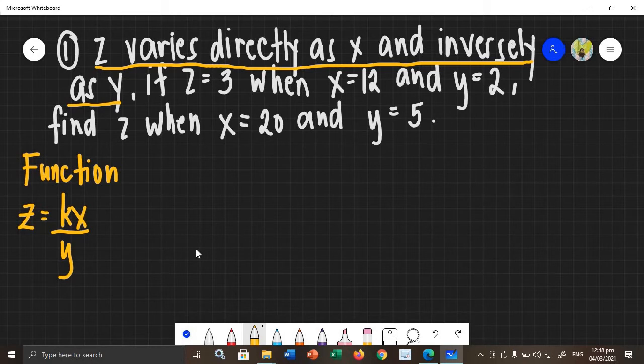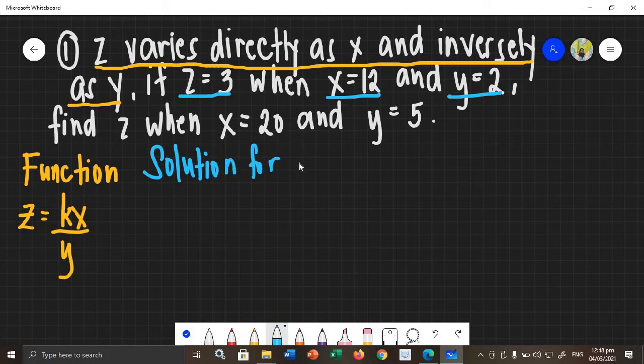As you can see in the problem, we have no value of the constant k. Therefore, we need to first find the value of k using the first given of z, x, and y. That is what we will use to solve the value of k, which is your constant.